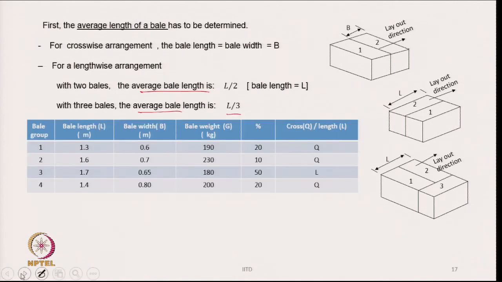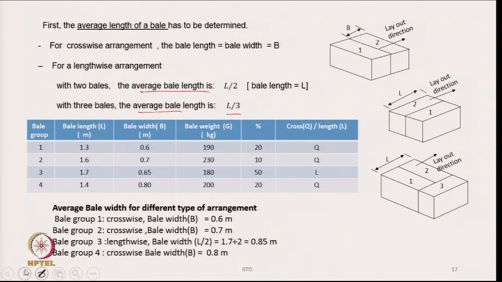Okay. The same table is repeated here. Now, following this rule, we can find out the average bale width. For bale group 1, it is a crosswise arrangement, and therefore the bale width is going to be exactly B. What is the value of B for this bale group? It is 0.6.